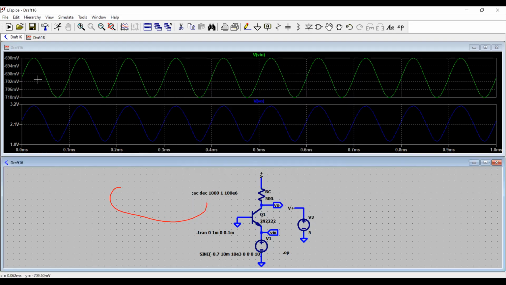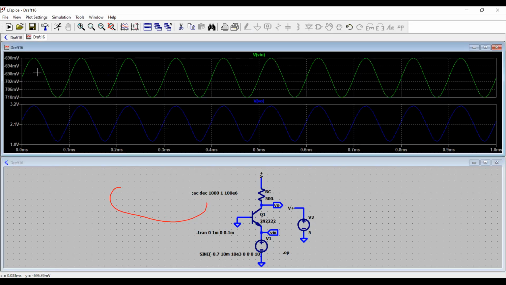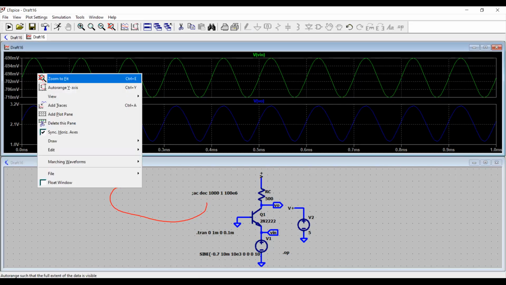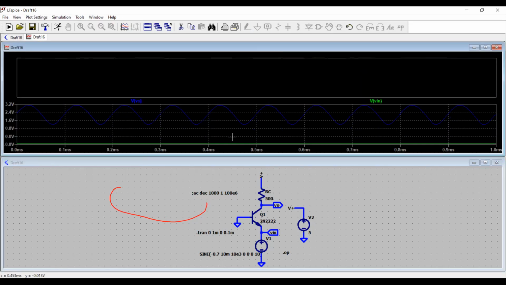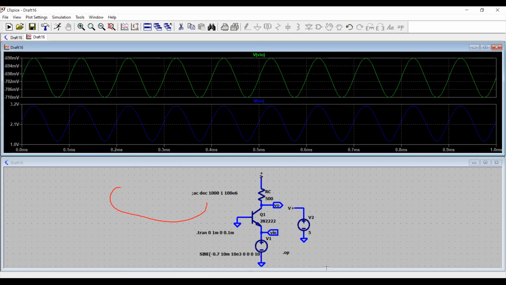So you see now you have positive half cycle, output is also positive half cycle, and the gain is about, well, let me zoom in, or maybe just put it in the same pane. It's not possible to see that. Remember the gain we just said: voltage gain is GM times RC. So we don't know the value of GM.